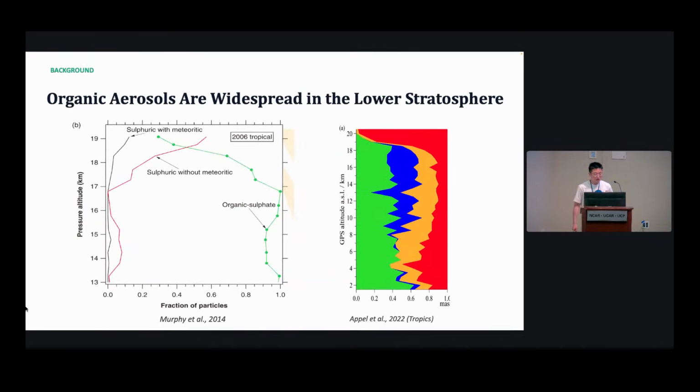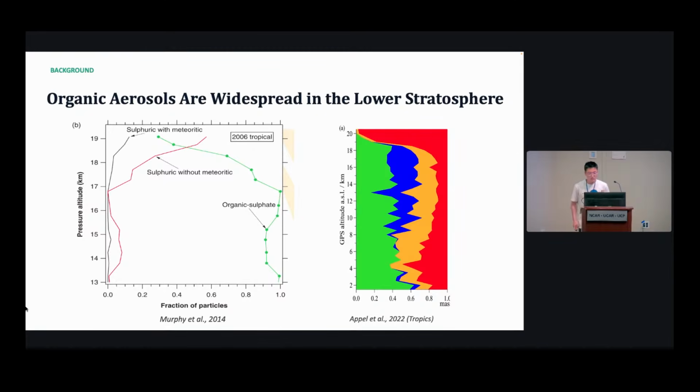We know organic aerosols are widespread in the lower stratosphere, and plenty of campaign observations show that they are widespread, with about 0.4 organic mass fractions up to 18 or 19 kilometers high.